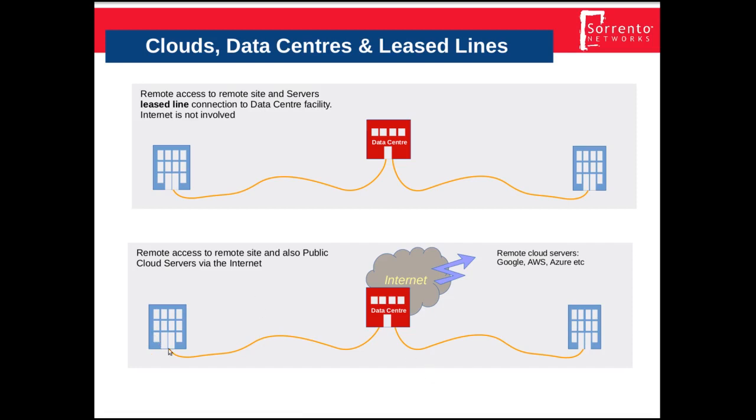Similar to the earlier slide, in this case we have a hybrid cloud setup where we have the local private cloud data center facility here, and that is also connected through to the internet, where you may have remote public cloud services such as Google, AWS, Azure, etc. So there again we start to see some blurring of the lines between what is private and what is public, but the basic principle again is that a leased line provides you dedicated, uncontended, unshared private connectivity across your business network through to either your data center facility or your data center and public internet connection and public cloud solution.